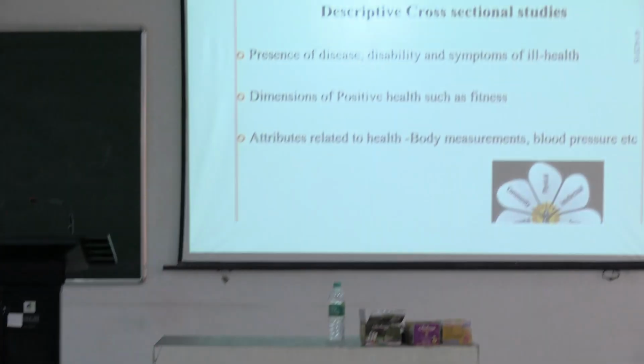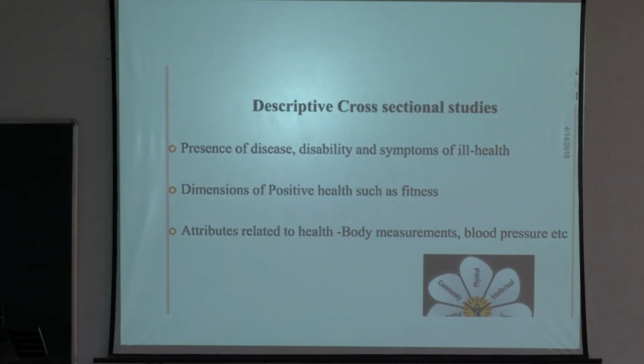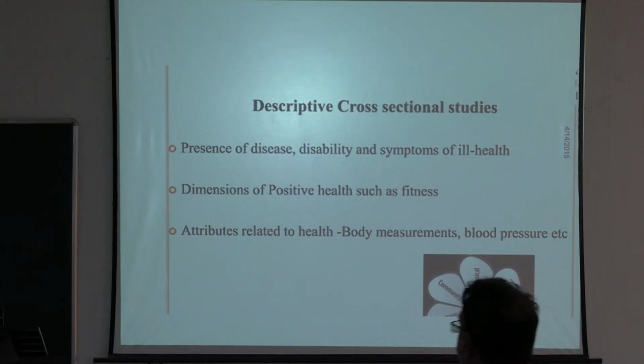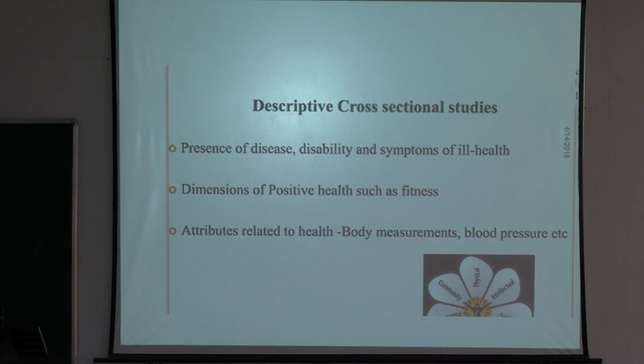So here you see the presence of disease, disability and symptoms of ill health, dimensions of positive health, fitness, attributes related to a healthy body, measurements, blood pressure, etc. Yesterday, for example, I was talking to one of my friends. She lost her husband and she's staying alone in Delhi. I asked her how she's spending her time.